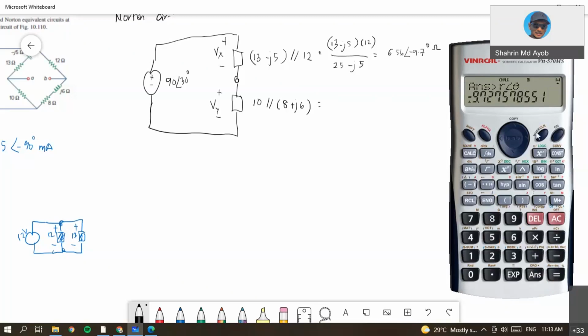And for this one is 10 multiply with 8 plus J6 over 18 plus J6.